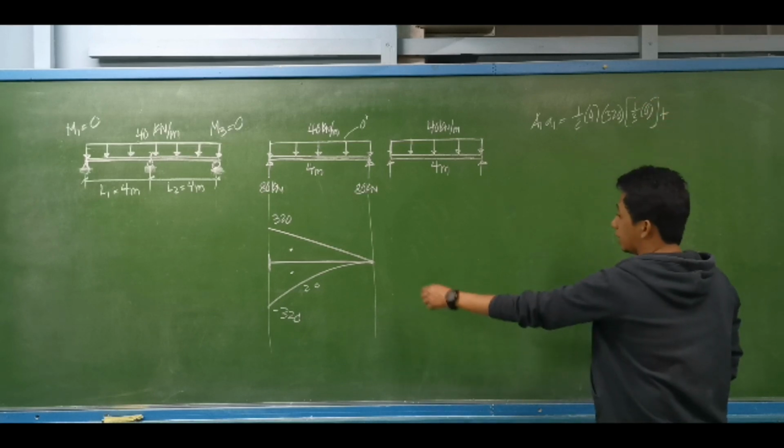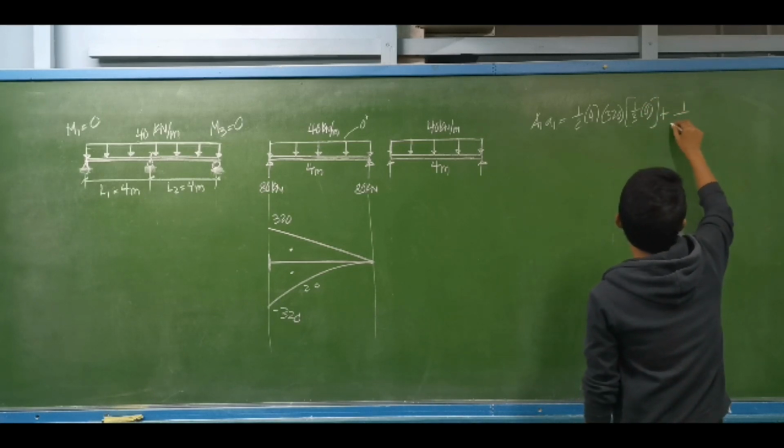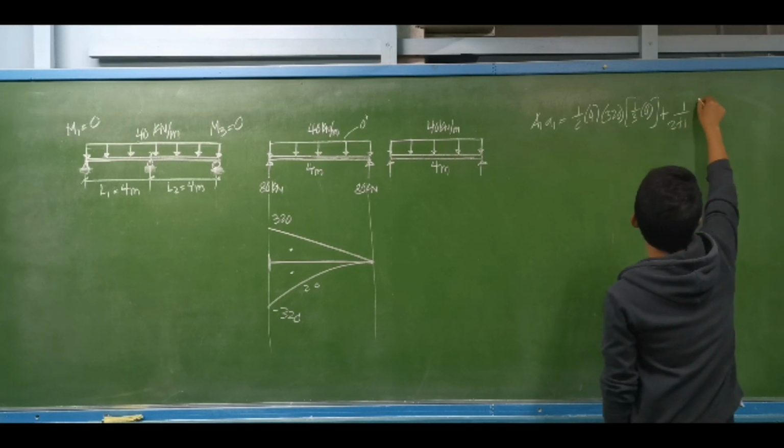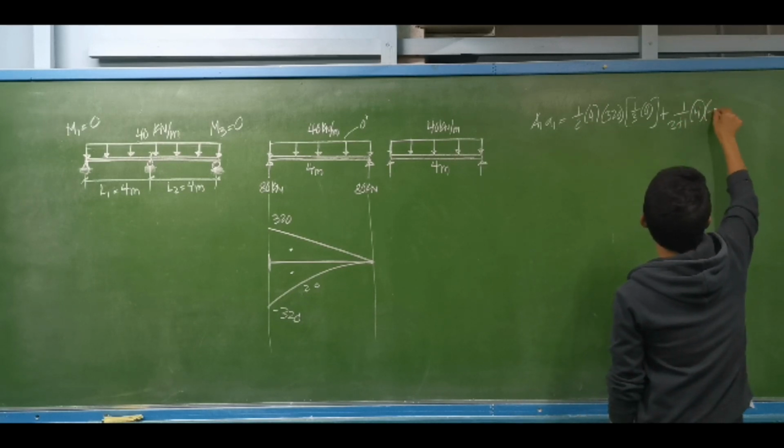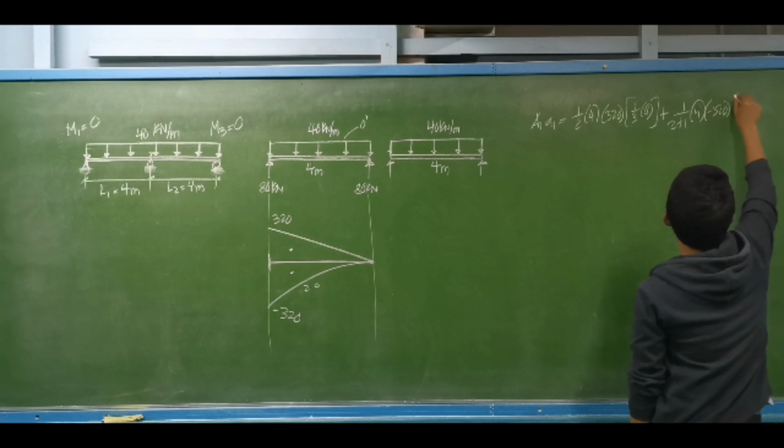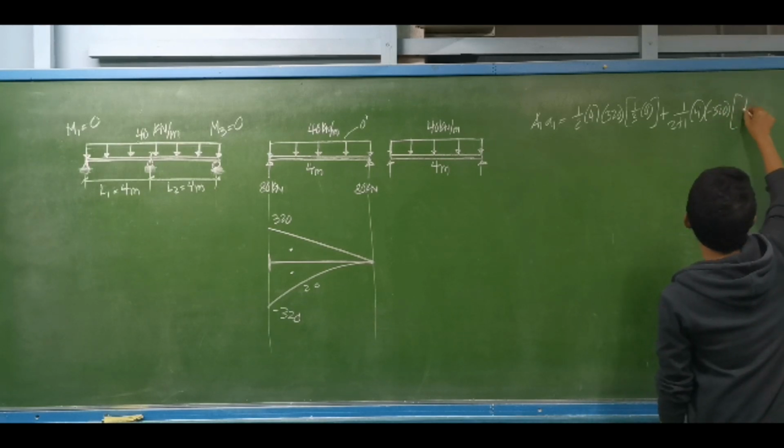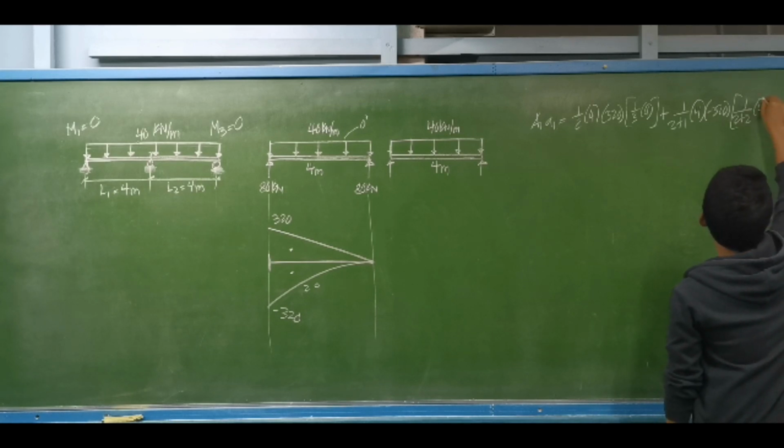Plus, for the negative area, there is 1 over the degree of the curve plus 1, multiplied by 4 times negative 320. Its centroid will be 1 over the degree of the curve plus 2 of 4.